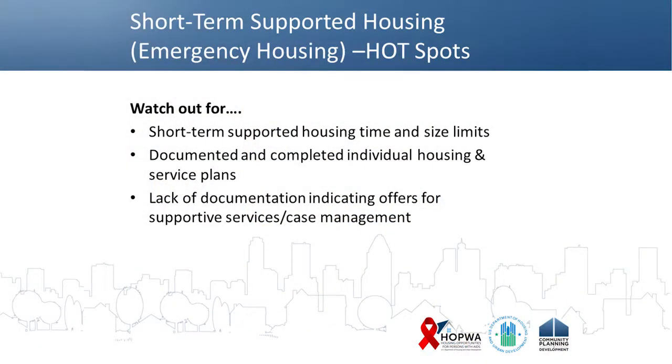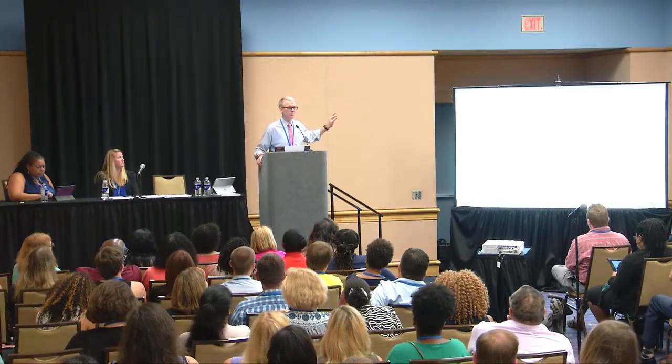Short-term supported housing, emergency housing. This is not STRMU. Does anybody use this? This would really be if you're using HOPWA for emergency shelter beds. It's an eligible activity that not too many people do, but some people do.